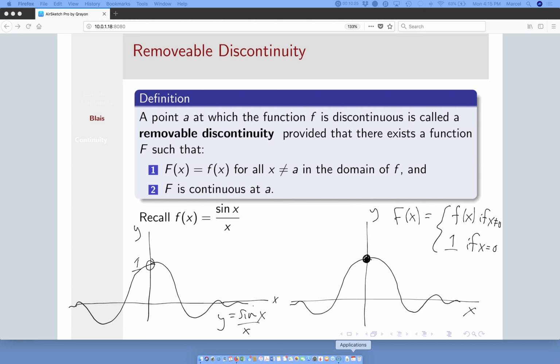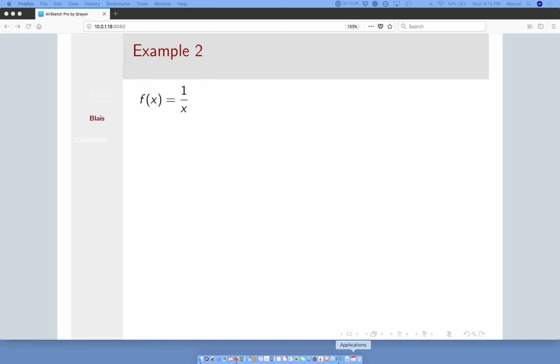Okay, let's go through some more examples. f of x equals 1 over x, a classical example that has a discontinuity at 0. So we know that the graph of 1 over x looks like this.